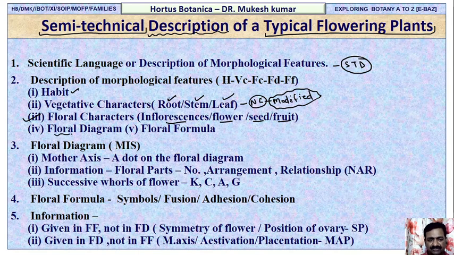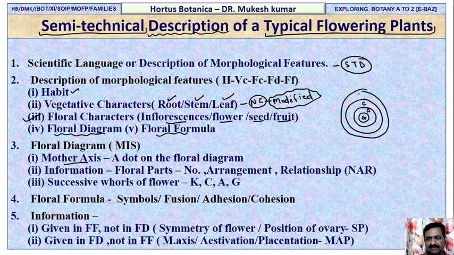Then I told you we will study the floral diagram and then the floral formula. Now, what will be there in the floral diagram? Yes, we have to study the mother axis. What is the mother axis? This is a dot on the floral diagram. Suppose you are studying a floral diagram: this is your gynoecium, outside you have the androecium, outside you have the corolla, and the outermost layer is the calyx.